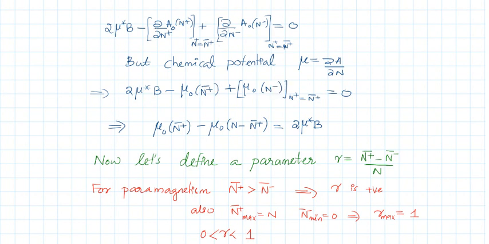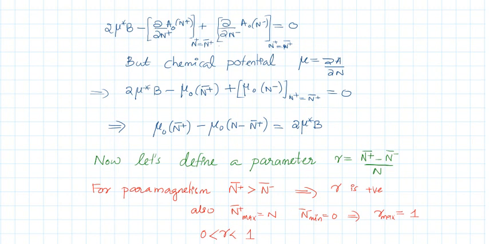You can replace this n minus with n minus n plus, also at a value of n plus bar. So mu 0 of n plus bar minus mu 0 of n minus n plus bar is equal to 2 mu star b.